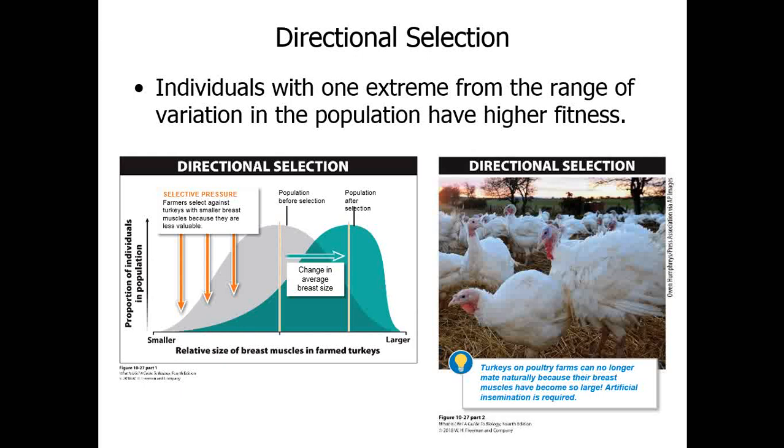After a few iterations of that population, you're going to have very big breasted turkeys that you can have for dinner on your Thanksgiving or for just any other day when you feel like having Thanksgiving for dinner. So that's the selective pressure. Again, directional selection, we are favoring one extreme phenotype. Rather than having a range of these different phenotypes, we just select one.